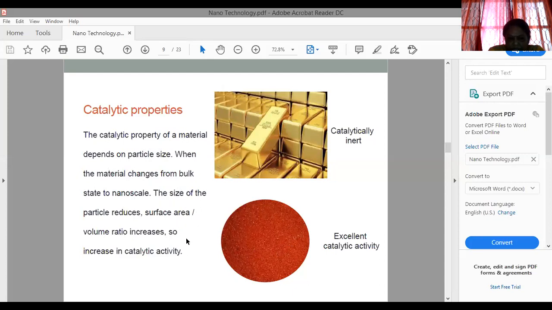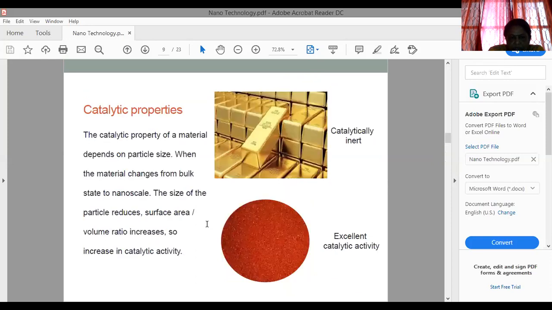Since the surface area increases, it increases the catalytic activity. So any substance which is not a catalyst or does not show any catalytic property in the bulk size may show the catalytic property in the nanoscale.